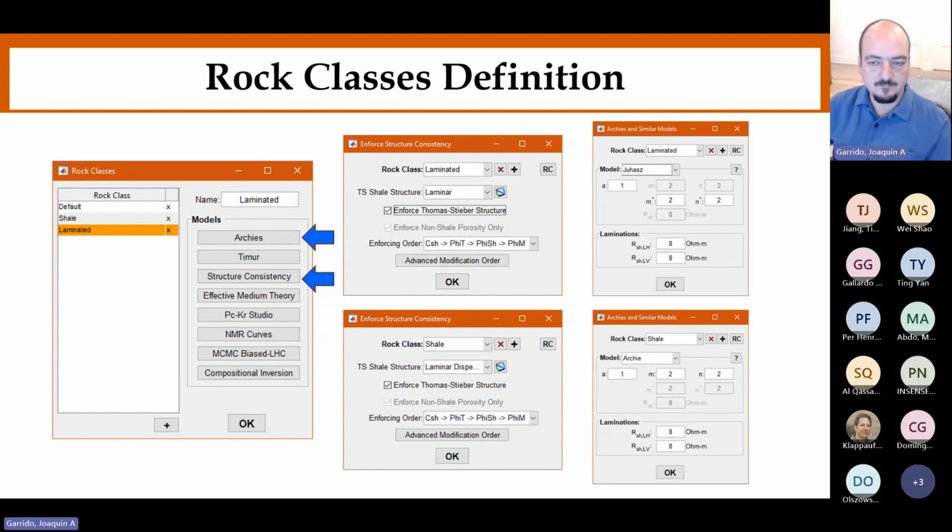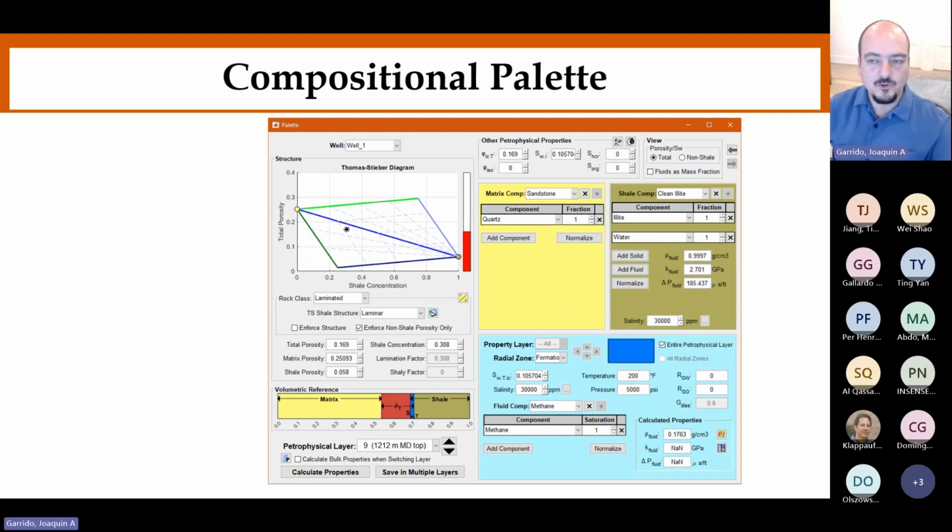That's just an example. Now, if we see this from a compositional palette point of view, this is another one of the modules, probably the most staple module from UTEP Wells, which has evolved along the years. It's a very high resolution view of what you have.